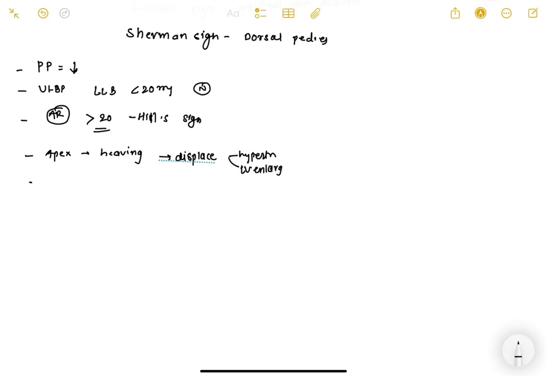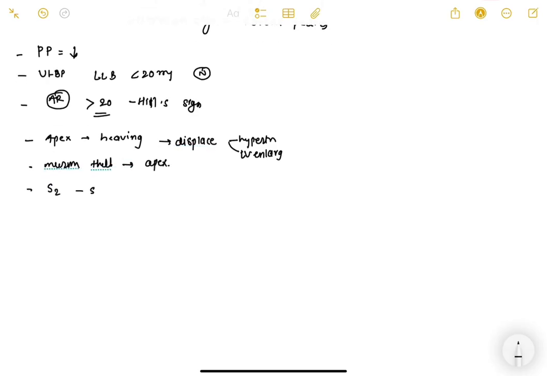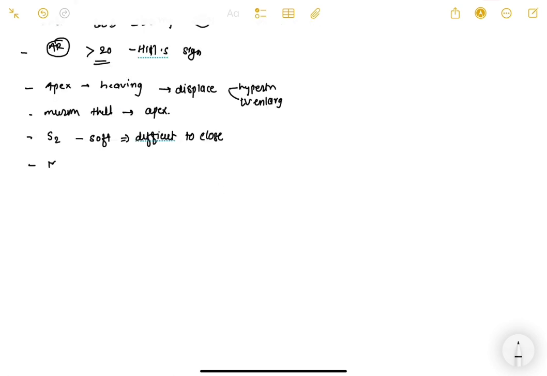In aortic stenosis, we have heard that murmur thrill will be there at apex, right? What about S2? It will be soft as it is difficult to close. We also discussed about the murmur.